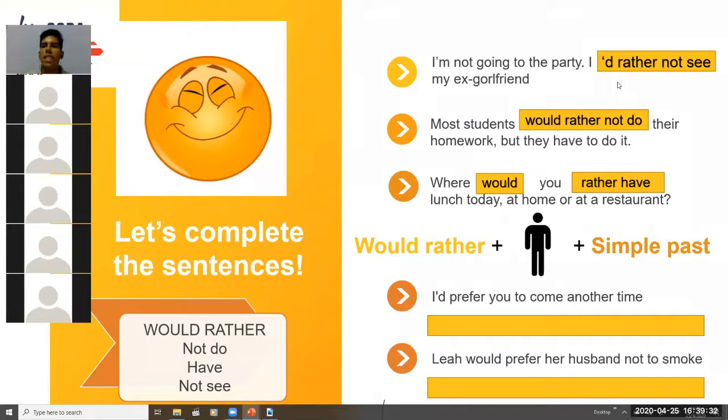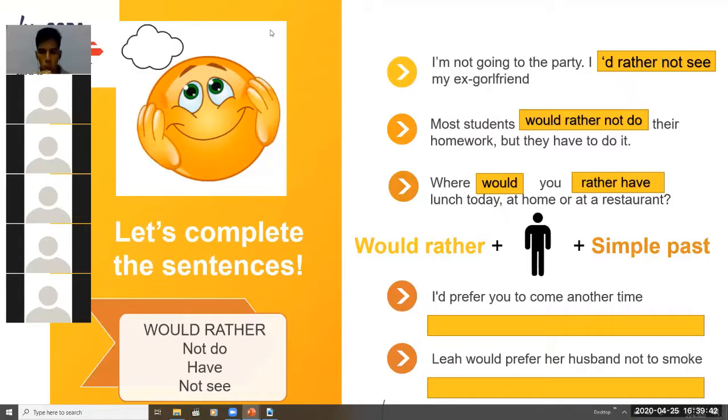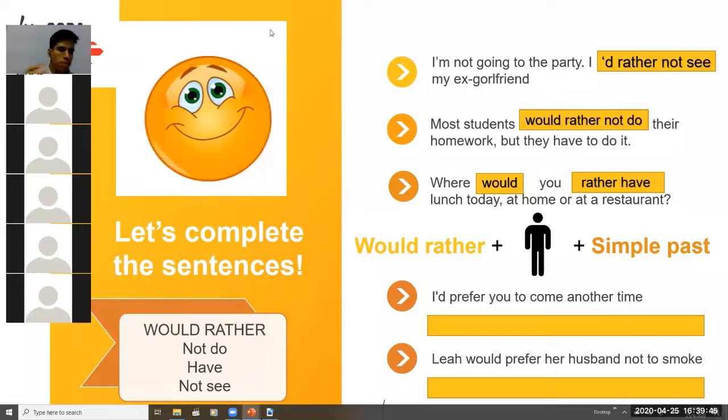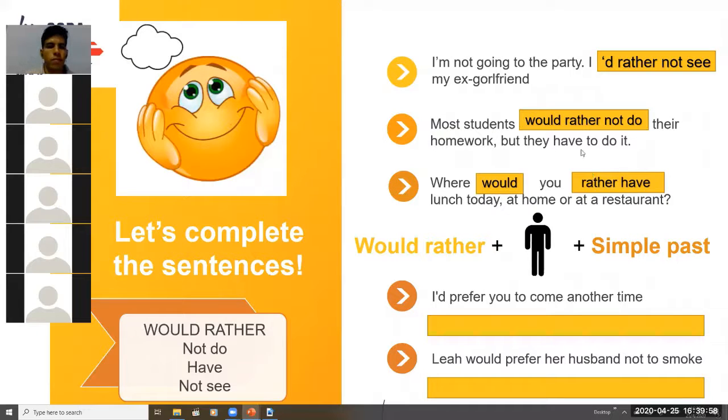I'll give you 1 minute to think first, and then I'm going to ask for volunteers, okay? Any brave student who would like to volunteer to complete the first sentence?